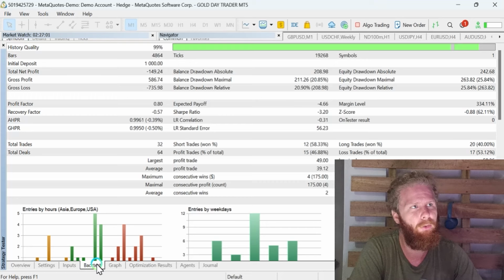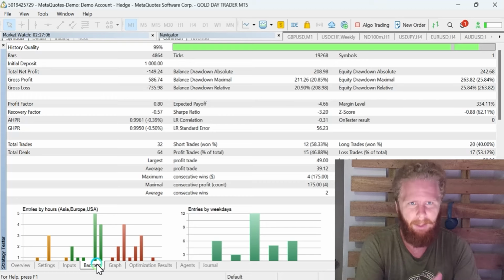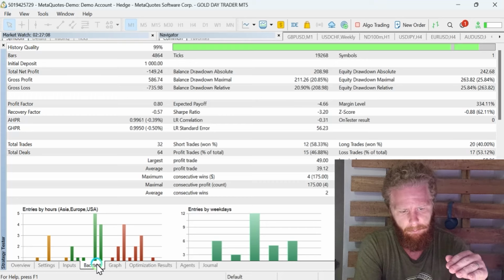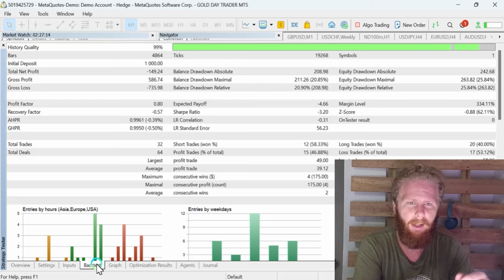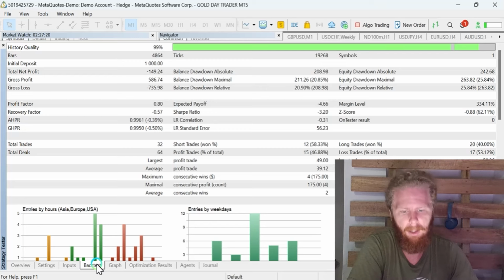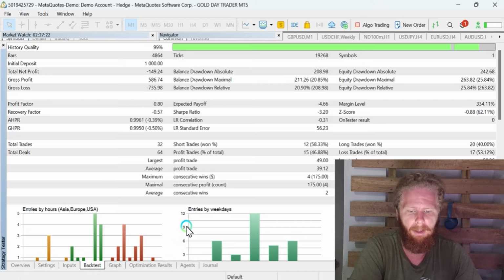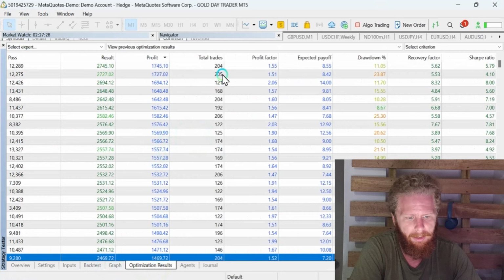And if you don't know the meaning of curve fitting, it is only fitting the parameter set to a certain data, and after that certain data the algorithm is not going to work because it is like over optimized. But this is not over optimized at all. It has a little drawdown, but yeah, it is not over optimized.